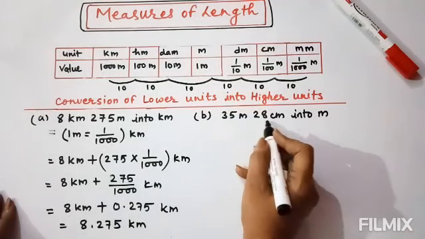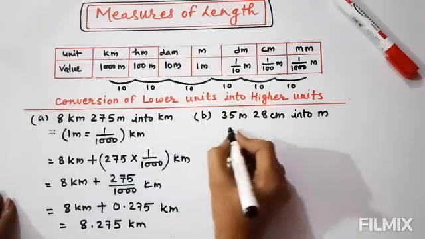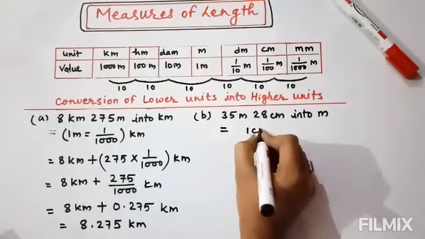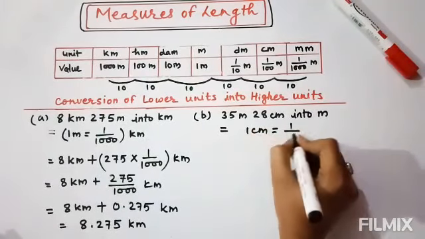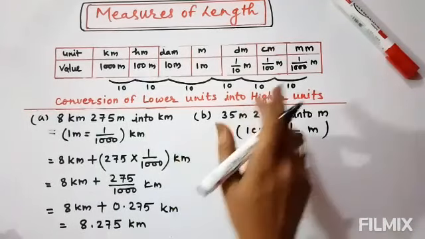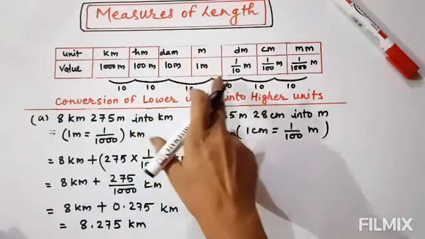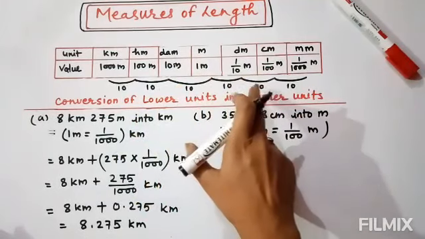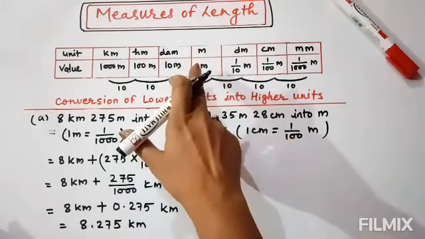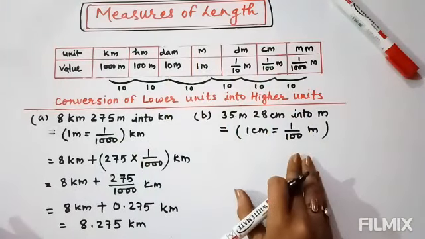Now let's do another one: 35 meter 28 centimeter into meter. Here we will find 1 centimeter is equal to 1 upon 100 meter. Here 1 meter is equal to 100 centimeter, 2 tens come, so 10 into 10 is 100. When we are going to divide, we will write in fraction form.